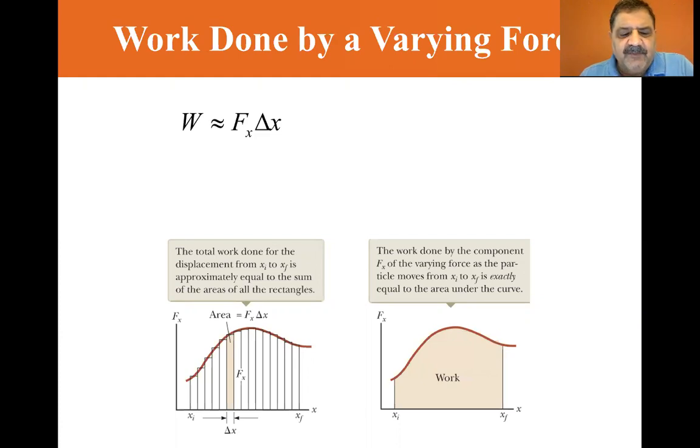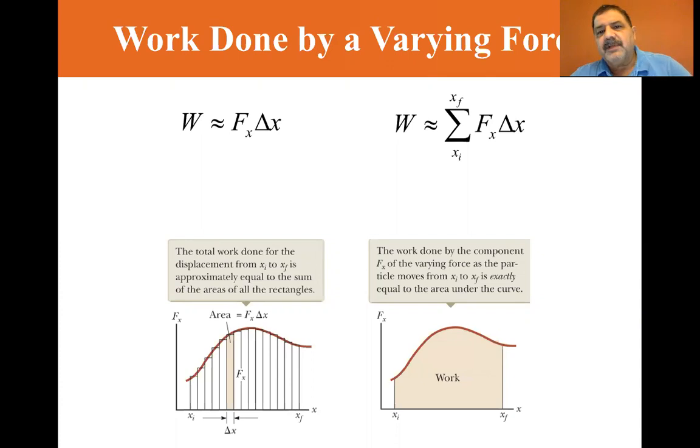If the Fx versus x curve is divided into a large number of such intervals, then the total work for the displacement from xi to xf, that is the initial x to the final x, is approximately the sum of the large number of such terms. The work is equal to the sum of each of those little slivers.